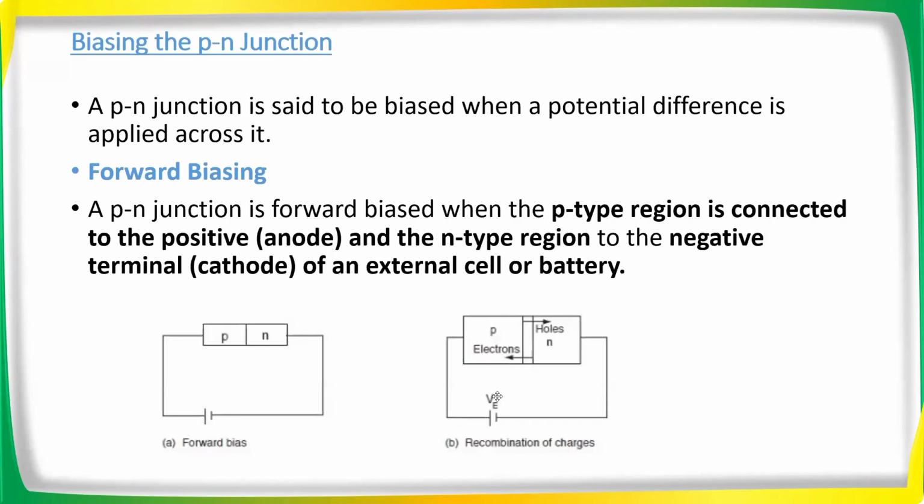We now have an external potential difference applied. The electrons coming in repel the electrons on this side and push them so that they pass through the depletion layer and go to occupy the holes. On the other side, the terminal is positive, and it will push the holes, because they have the same potential, to come and close in with the electrons, and we have a current flowing from positive to negative, though the electrons are moving from the negative terminal to the positive terminal.